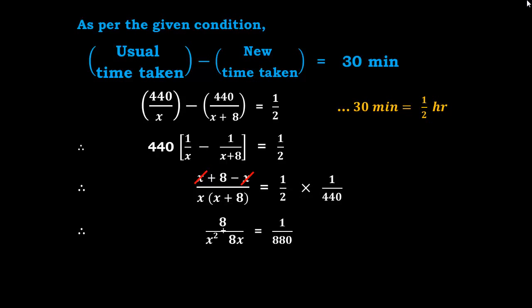Now cross multiply this. 8 into 880 is equal to 1 into x square plus 8x, that is 7040 is equal to x square plus 8x. So we can write this as x square plus 8x minus 7040 is equal to 0.